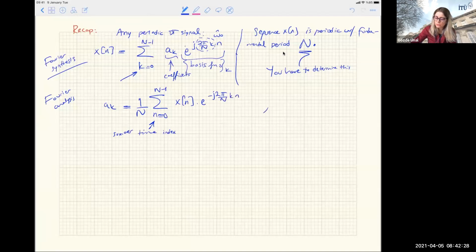And remember also, a_k are periodic with this fundamental period.